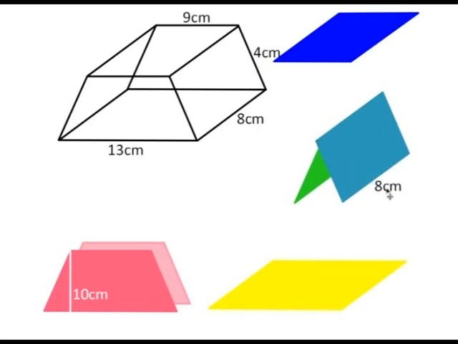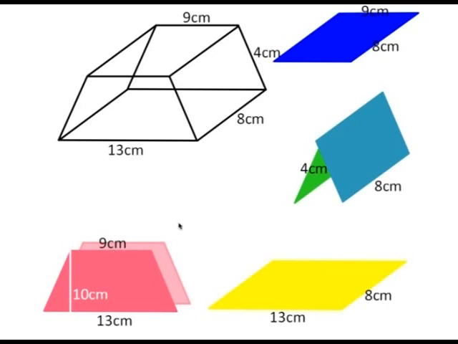This is 8, this is 4, this is 9, and length 8. The base is 13 by 8 centimeters. Trapezium is 13 at the bottom and 9 at the top.